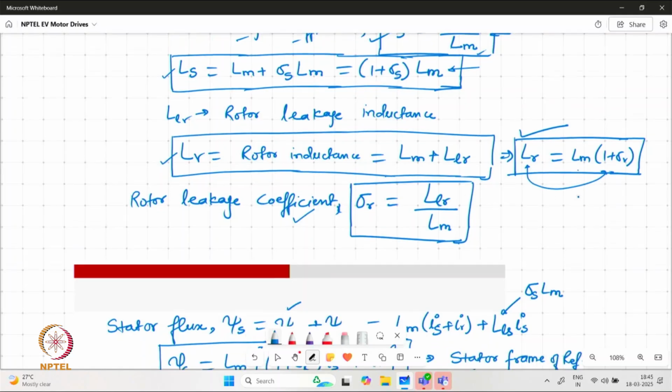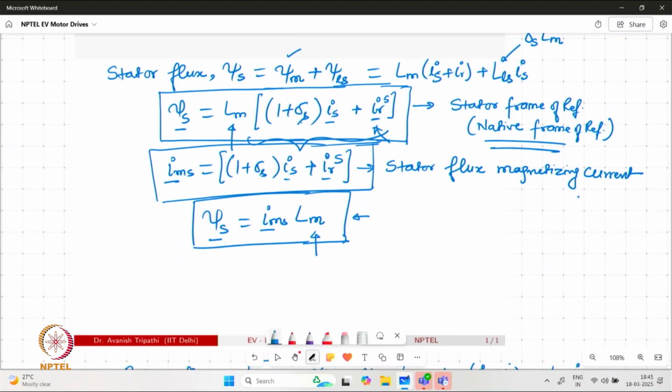Now, once we have defined the inductances, we have gone ahead to define the flux associated with the machine. So first one, we have the stator flux psi s, defined as the sum of magnetizing flux and the stator leakage flux, and this can eventually be expressed in terms of inductances and current associated with each branch. And we are defining the stator flux in its native frame of reference, and therefore we have superscript given for the rotor current.